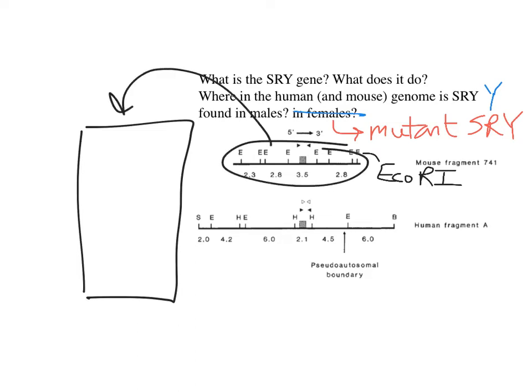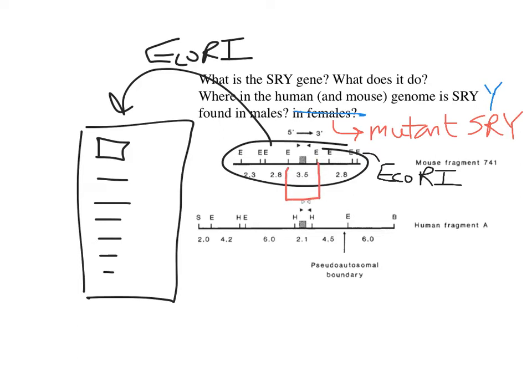So if you digested all of that with EcoR1 and electrophoresed it, so you saw the different band sizes from that piece of the Y chromosome, which band size do you want that contains this gene? 3.5. Yeah, so this gene is flanked on two sides by EcoR1 sites, and that product is 3.5. In this case, it's 3.5 kilobases, or 3,500 base pairs.